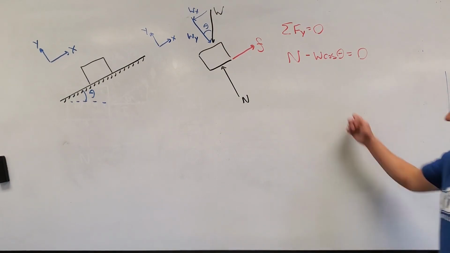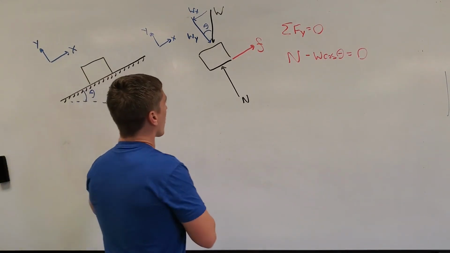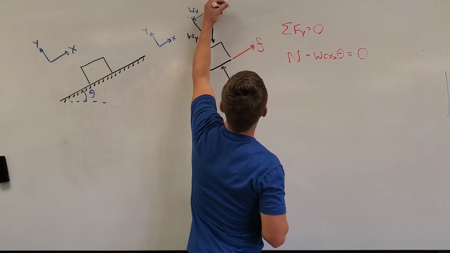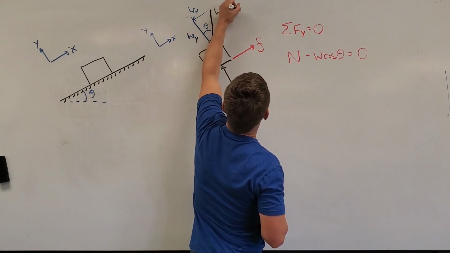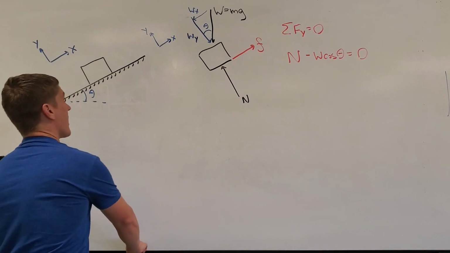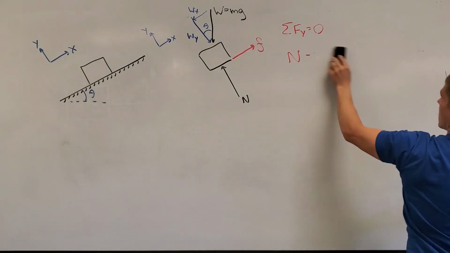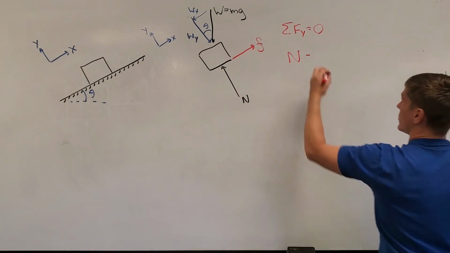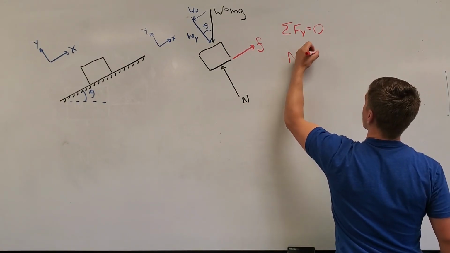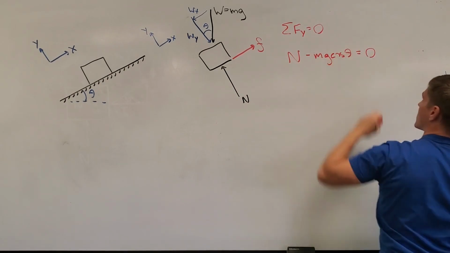Okay, I want to go ahead and simplify this a little bit more. I should have maybe done this when I did my free body diagram. Recall that the weight of the block is going to be equal to the mass of the block times gravity. I'm going to go ahead and plug that into my equation here. So this is going to be N minus mg cosine of theta is equal to 0.